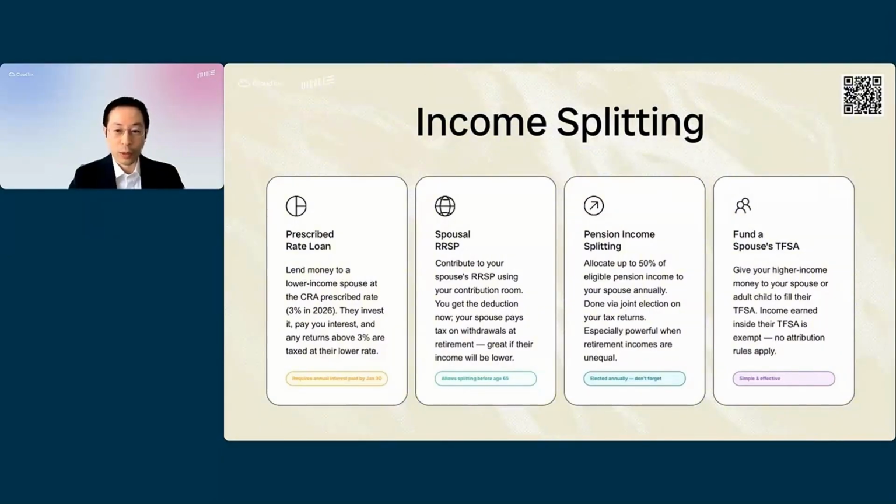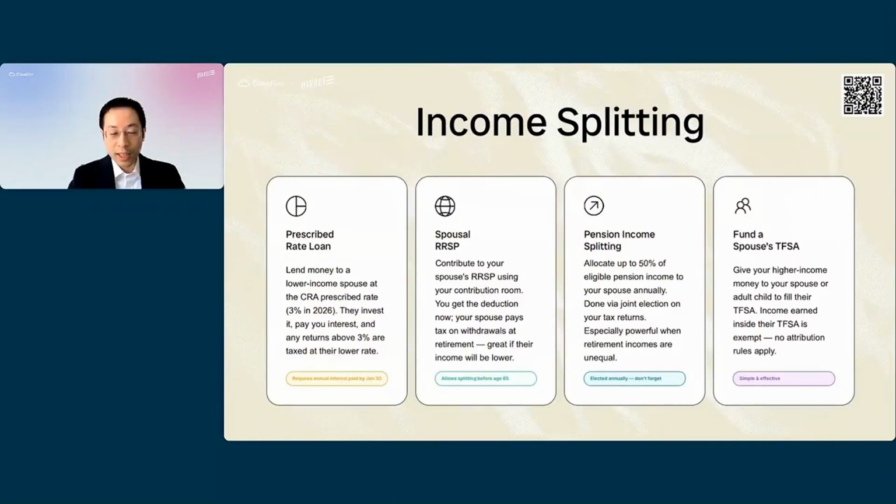So effectively, we're transferring the tax liability from the higher earner to the lower one and end up with a gain overall.